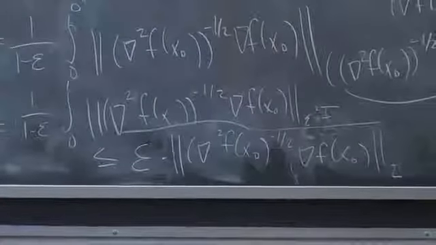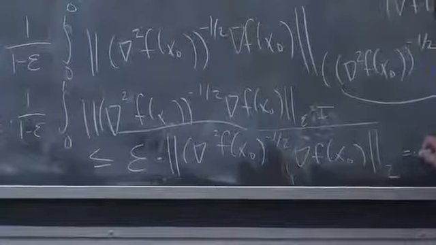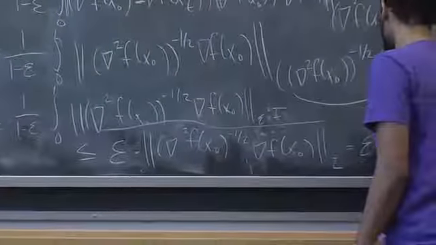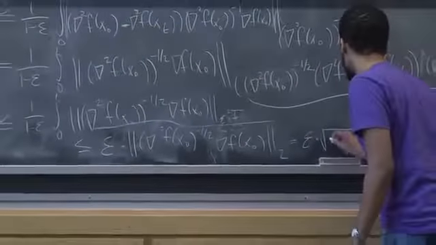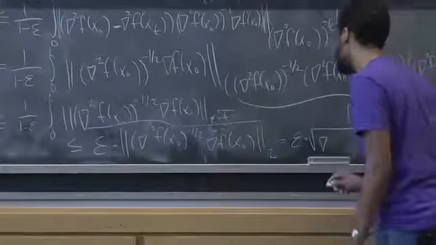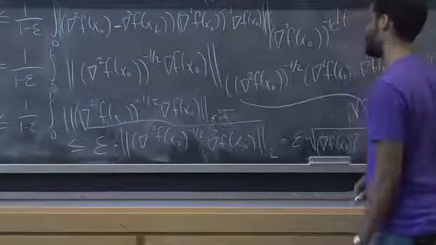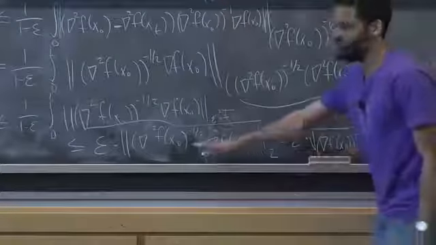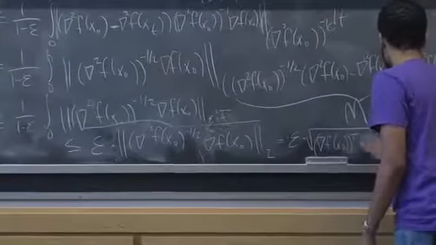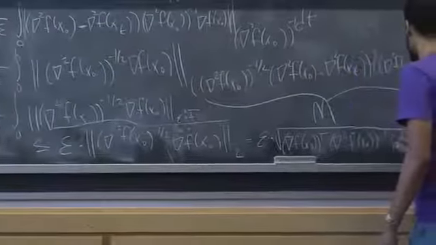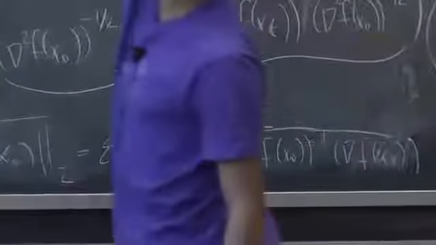So when you do z transpose z on this, this is equal to epsilon times the square root of the gradient of f at x0 transpose, and then you get the Hessian f of x0 to the minus 1, and then you get the gradient again, which is exactly that.